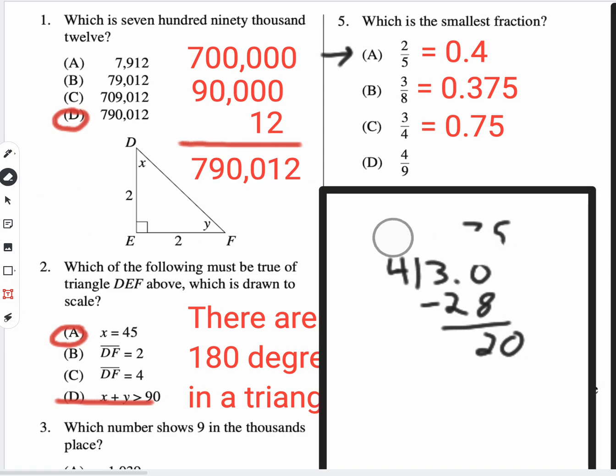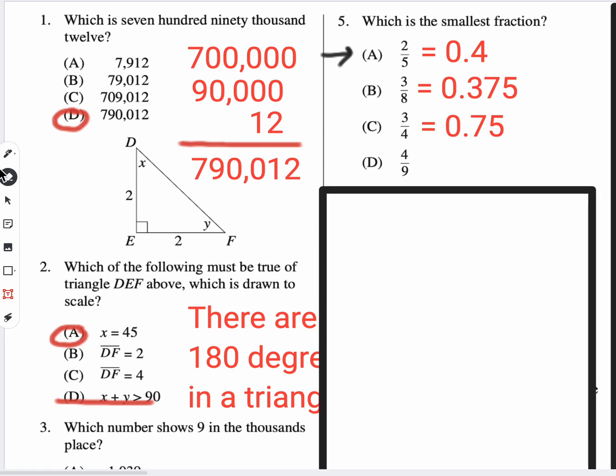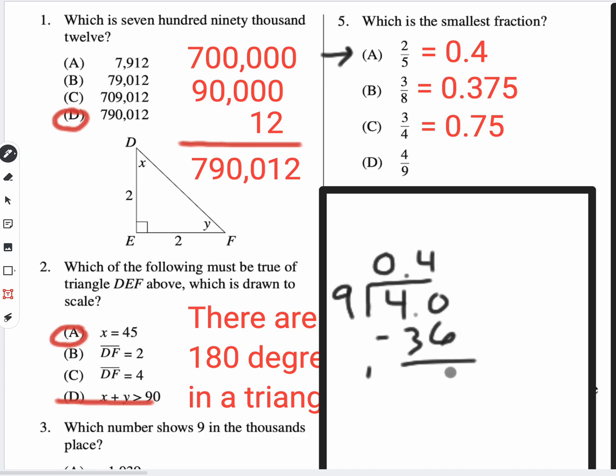And now to divide out 4/9. 4 divided by 9. 9 will go into 40 4 times, leaving us with the remainder of 4. Again, we have a repeating decimal. Let's place that repeating bar here above.